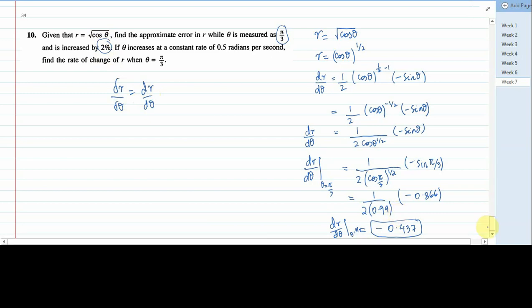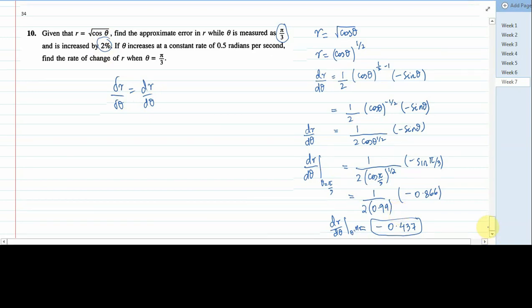Alright, so there is a calculation error here in this part, right? The value of cos pi by 3, which is 3.142 divided by 3, cos of it is 0.499, and when you find the root, the value will be 0.707. So when you simplify this, 0.707 times 2 gives you the value of 1.414.